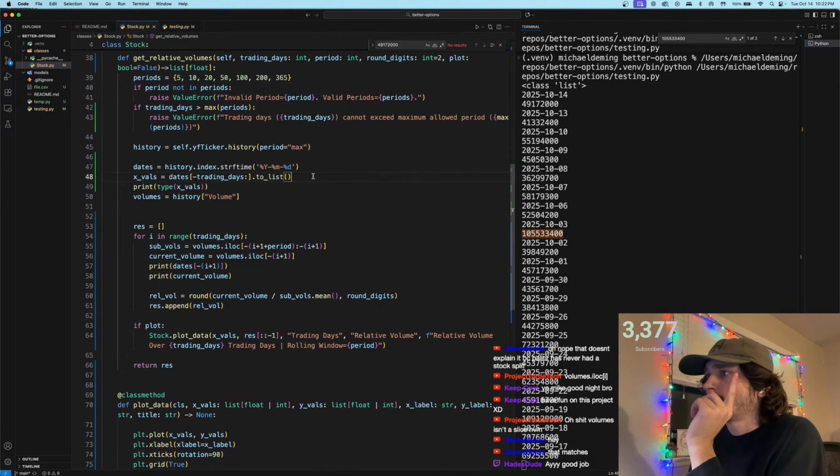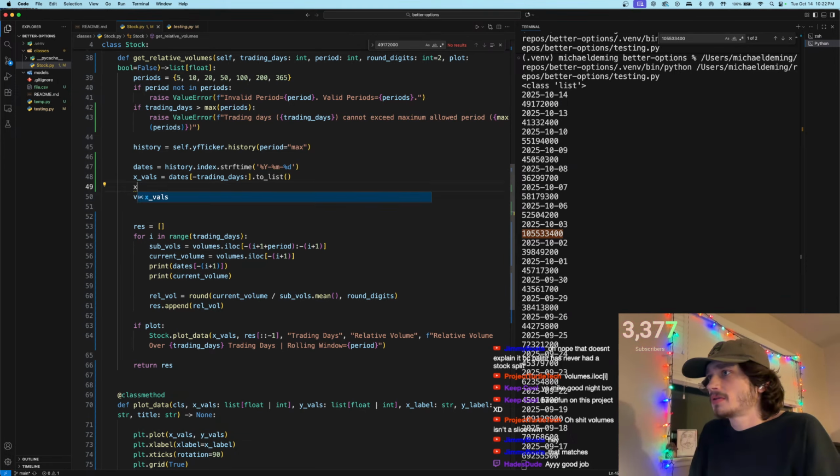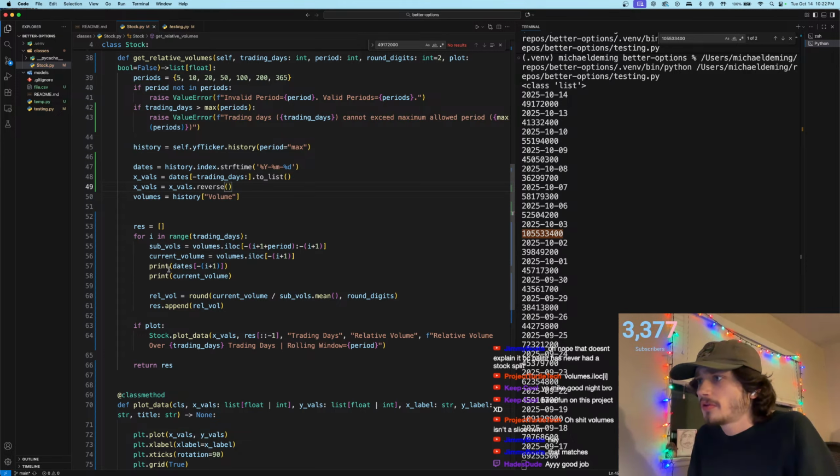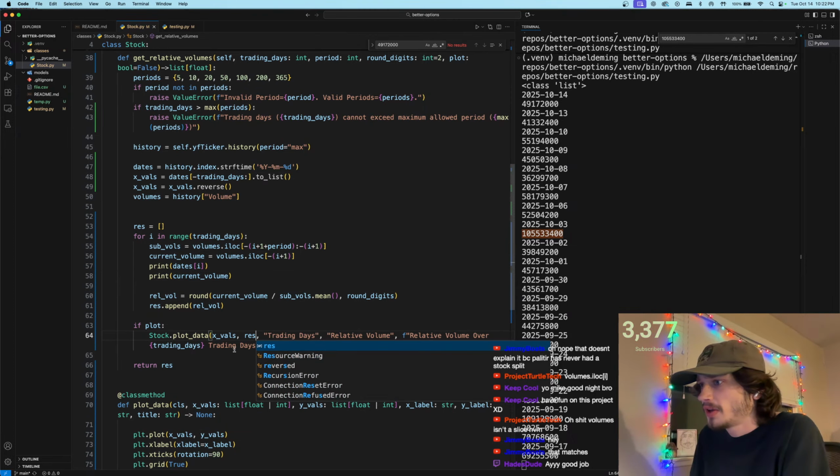And now we'll just call it X, dot reverse, and dates index of I here. And then you just return the regular result.